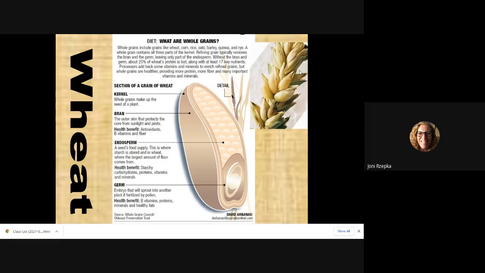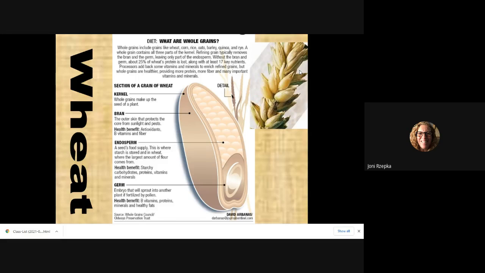Okay, so this is what the wheat looks like. And if you notice on your notes, I believe I wanted you to insert a picture there. So if you see, it says draw and label a diagram of the kernel of wheat.